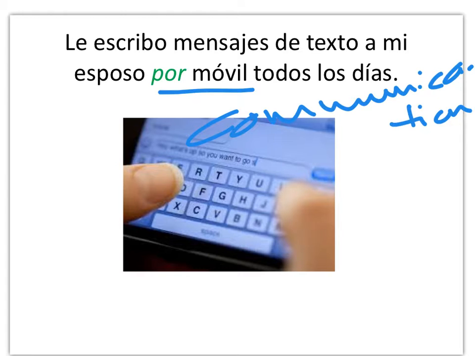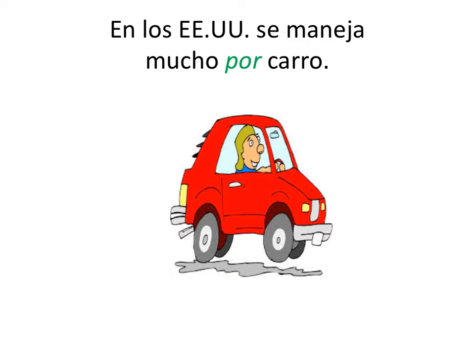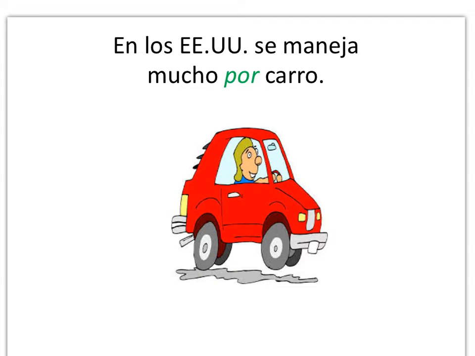Por correo electrónico. Por Oaks. Ustedes conversaron por Oaks cuando no tuvimos clase. Conversaron por Oaks. ¿Entienden este uso de por? Ok, muy bien. Y el último ejemplo con por, en los Estados Unidos se maneja mucho por carro.